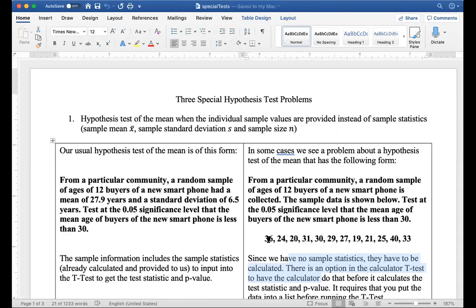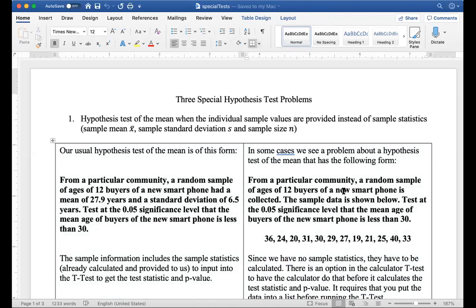We would have to know what x bar is, what s is, and what the sample size is. We could put these into a list, call it L1, and using 1-Var Stats on L1, we would find these statistics that we had in the first problem, rounded to these values.